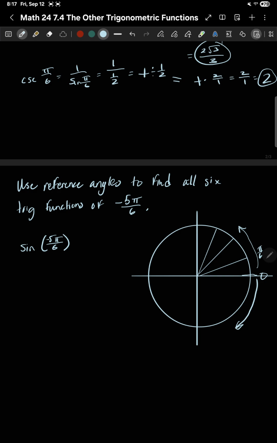Okay. And so going positive, we would have pi over 6 here. Let me erase this arrow. Pi over 4, pi over 3, right? And this is pi over 2. And you could change these to their degree variants if you feel more comfortable doing that. But since we're going in the negative direction, it's going to be the same thing. It's just going to be negatives instead.